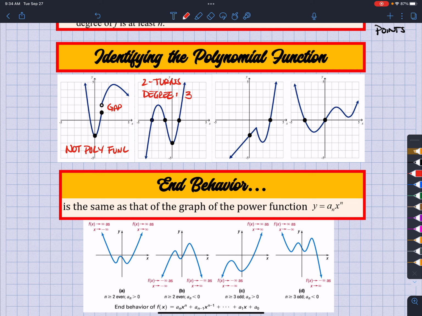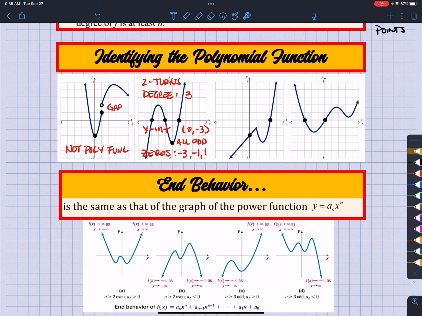I know that my x-intercepts, or zeros, are at -3, -1, and 1, and they're all odd because it goes through, goes through, goes through. And I see a y-intercept as well, at 0, -3. So there's a lot of information on the graph that we're given.